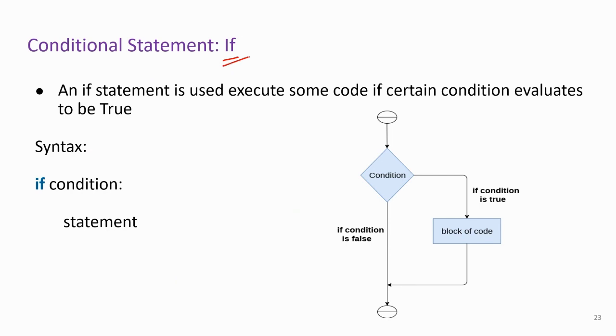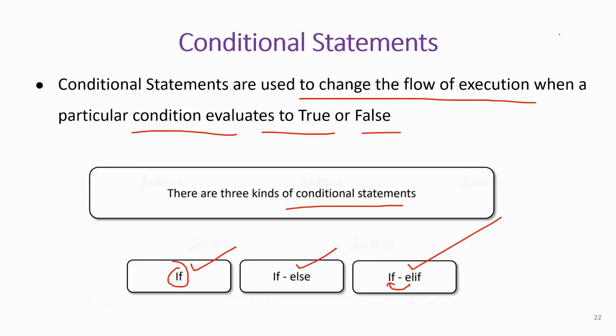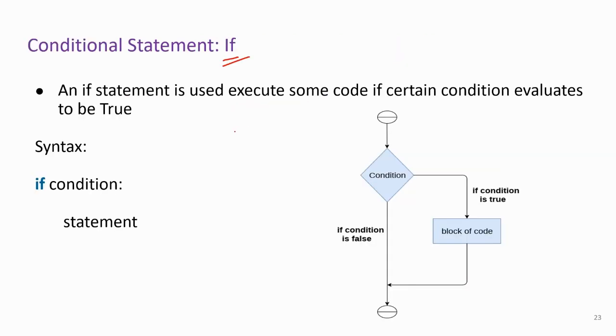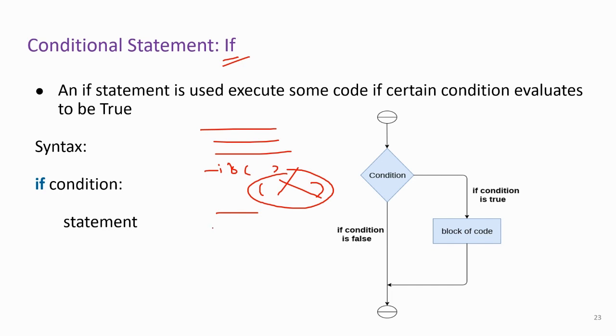As I told you, this is to change the flow of execution when some condition evaluates to true or false. Assume that you have some lines of code here, and here you put that if statement. If some condition is true, it will execute some other set of instructions. If this is not true, then that block of instructions will get skipped and it will go to execute the next instruction after this if instruction.